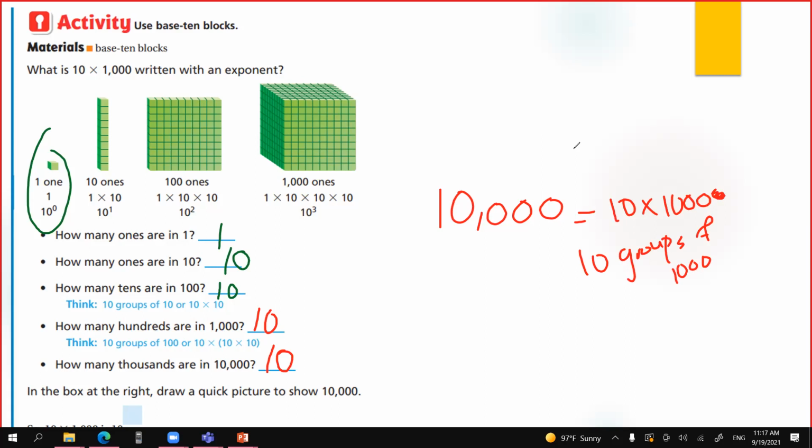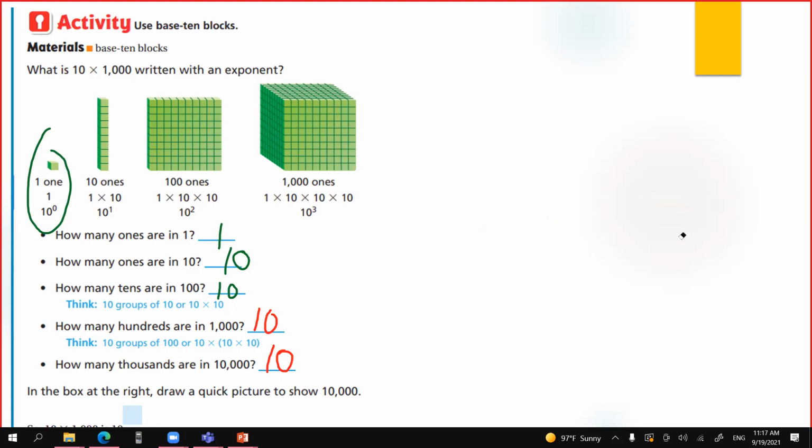Now, look at the first one here. We said that we have only 1 one in number 1. How many ones in 10?